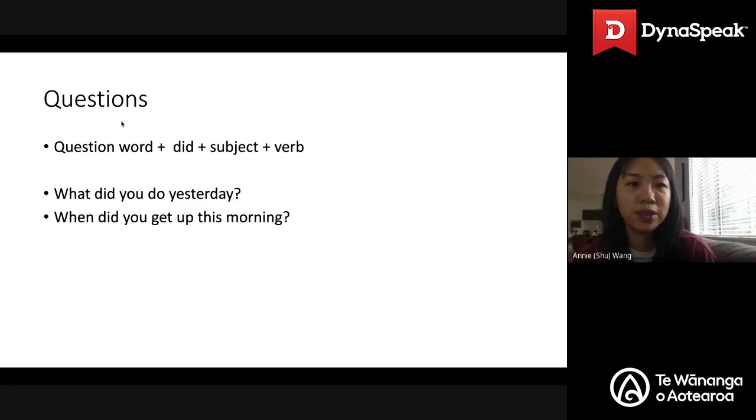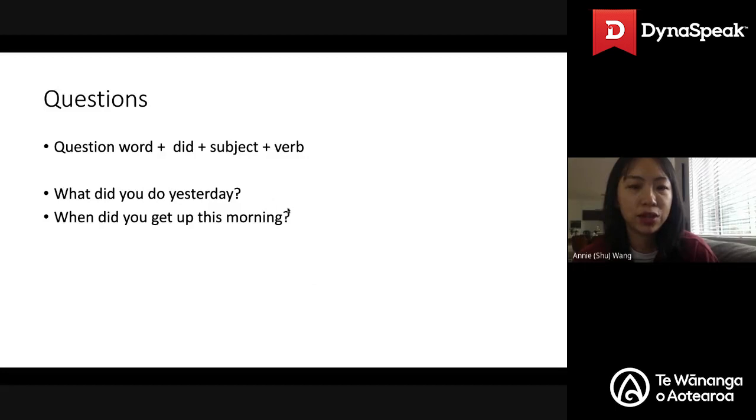We start with a question word like what, when, who, where, how, and then we add an auxiliary. Here, we use a different auxiliary. In present simple, we use do. But here, we use the past form of do, it's did. And then a subject, and then a verb.